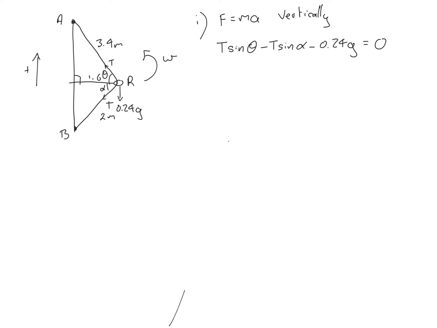So what I'm going to do is I'm actually going to work out the length here because I'm going to use that in my sine theta and my cos theta. So a bit of Pythagoras, root 3.4 squared minus 1.6 squared means that this length here is 3.